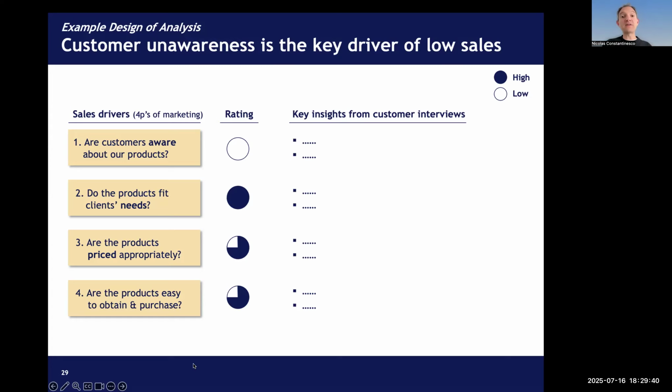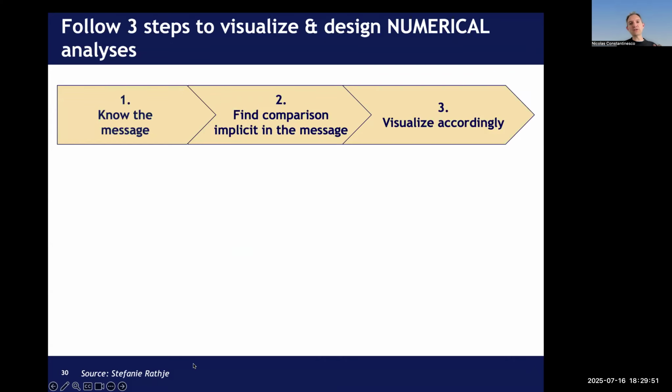If your statement is numerical, quantitative, basically you're trying to make a point about a number. A good way to think about it is first to know the message, know what you're trying to prove, the statement or hypothesis you want to test. Then you want to find the comparison that is implicit in the message.